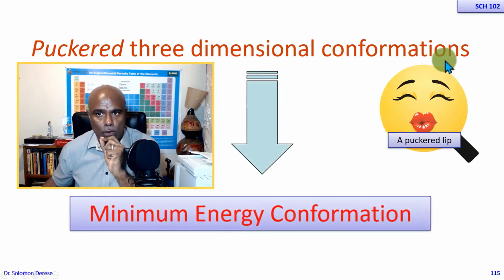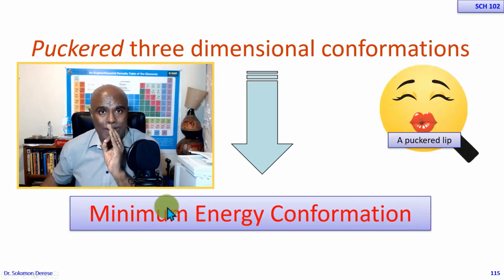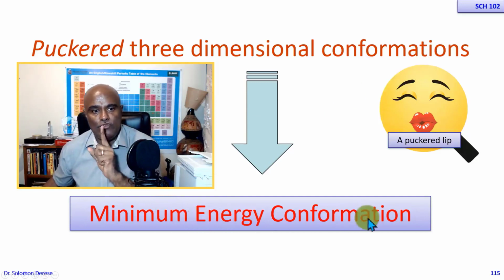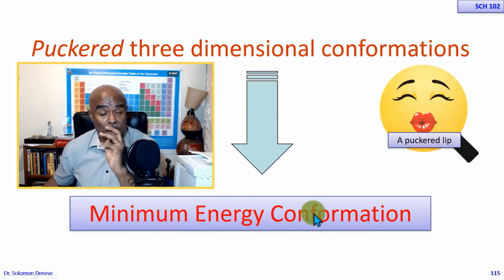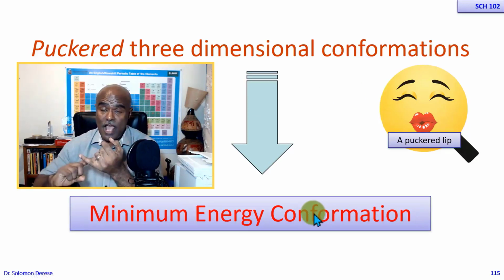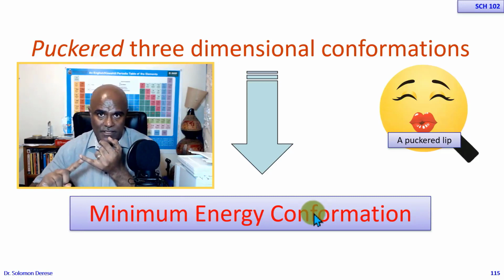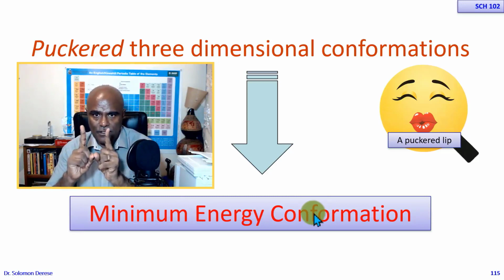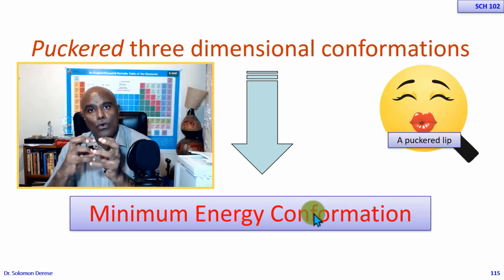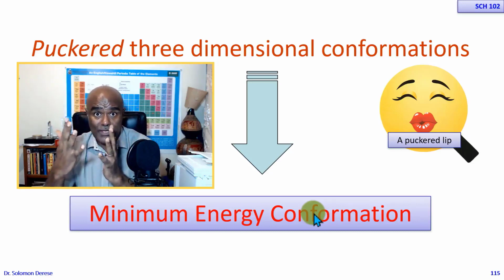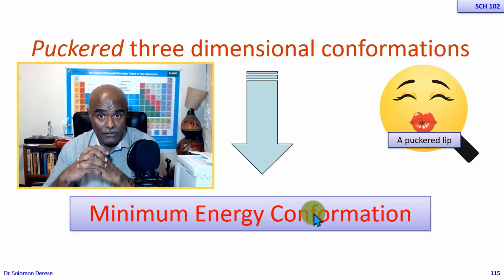So cycloalkanes adopt puckered three-dimensional conformations in order to minimize energy, to adopt a minimum energy conformation that has minimized or eliminated this eclipsing of the hydrogens on the neighboring carbons, or taken their bond angle to the ideal 109.5 degrees.